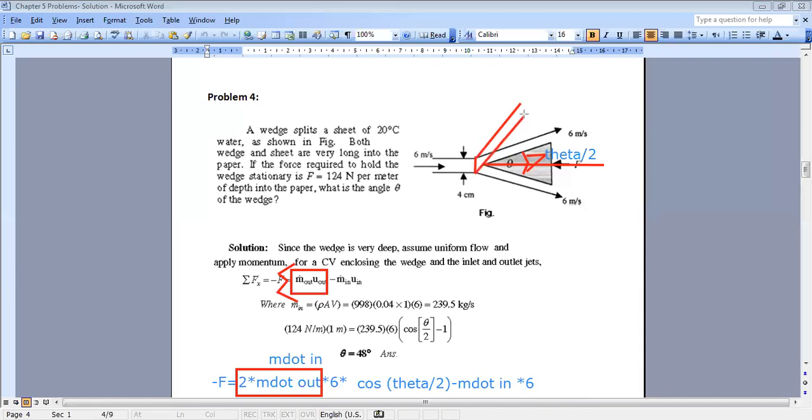But how did we know the depth is 1 meter? They told you the force F needed is per meter of depth. So the F given is per meter of depth. If you take F equal to 124 Newton, you take a depth equal to 1 meter. The larger the depth, the larger F gets, but since they gave you the force per meter of depth, you are doing the analysis for 1 meter.